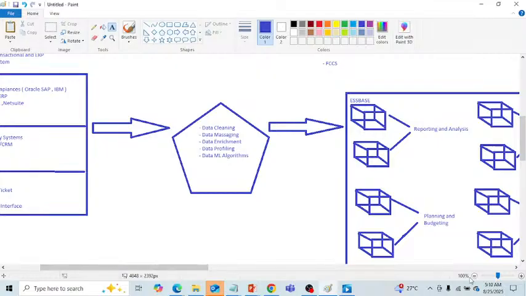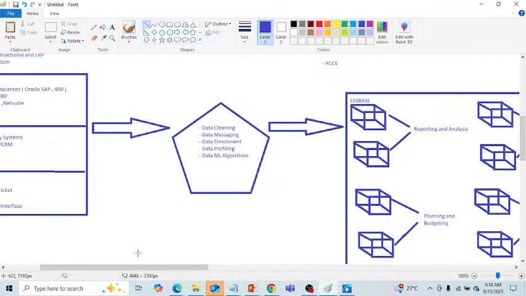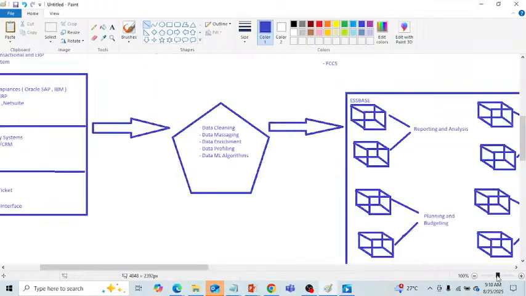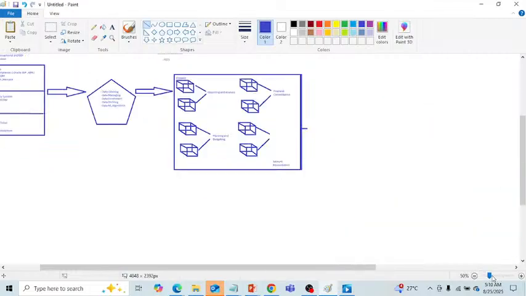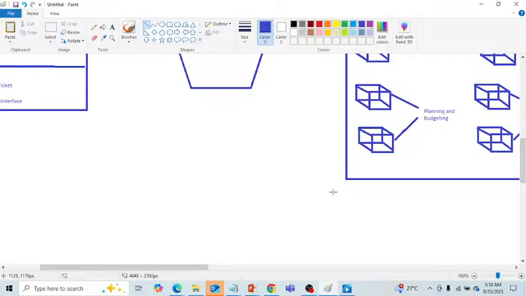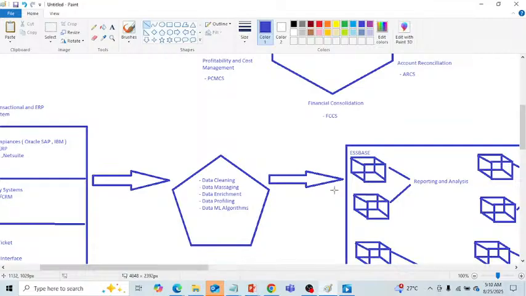So you can see how the ERP works and how all this process is performed. So that is the main functionality, how the EPM works and how the ERP.